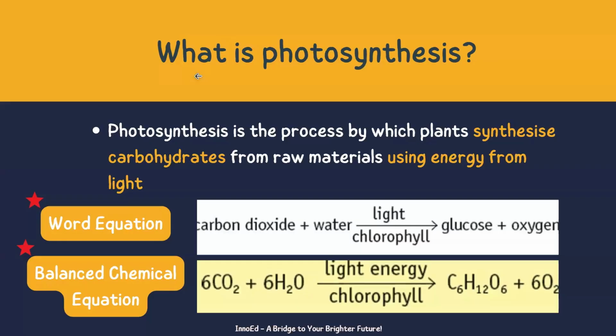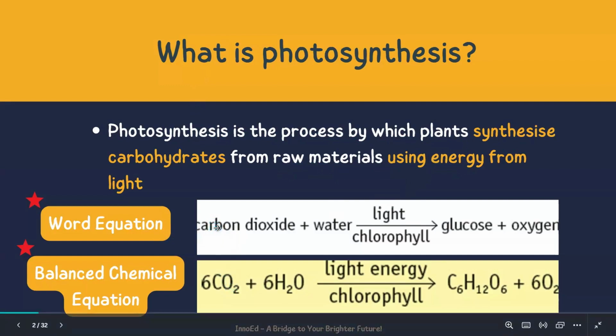First of all, what is photosynthesis? Photosynthesis is the process by which plants synthesize carbohydrates from raw materials, such as carbon dioxide and water, using the energy from light. So here you can see two equations. The first one is the word equation and the second one is the balanced chemical equation.